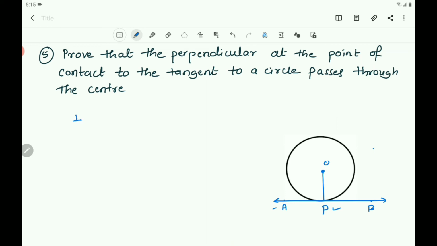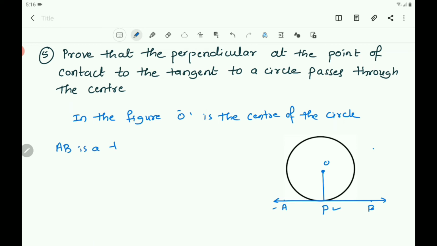In the figure, O is the center of the circle. AB is a tangent at P. And OP is the line joining the center and the point of contact.